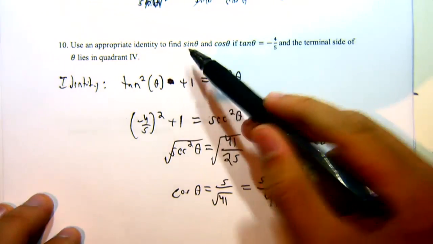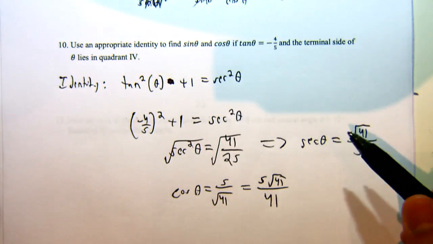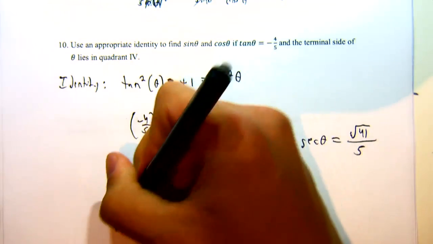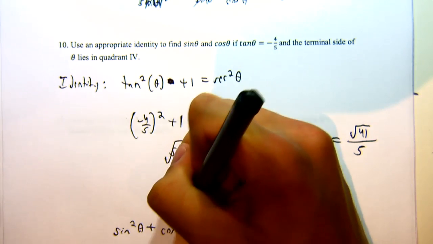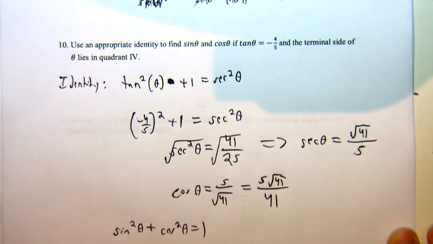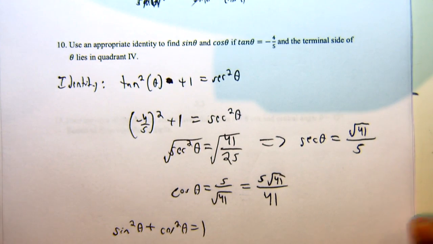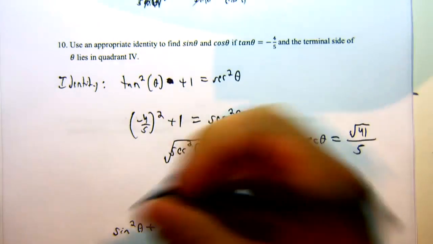So now we have cosine theta. We want to find sine theta, and we could just use the Pythagorean identity to find that, right? So sine squared theta plus cosine squared theta is equal to 1. So we go ahead and plug this in.